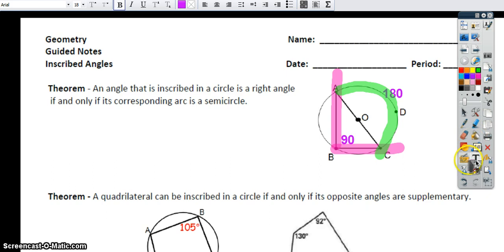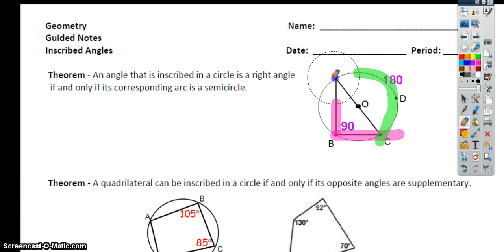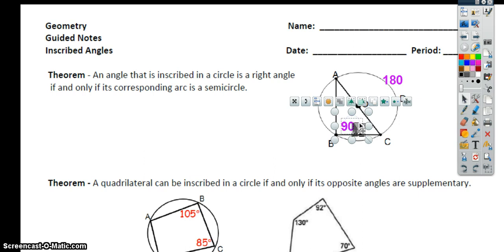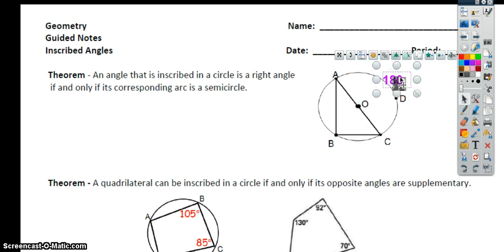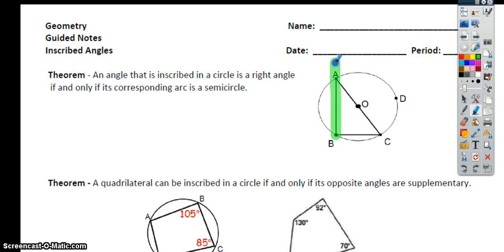Another way of looking at that same thing is this. Anytime we have an inscribed angle where the two sides of the angle, here's one side, here's the other side, go through the end points of a diameter, in this case, here's my diameter.